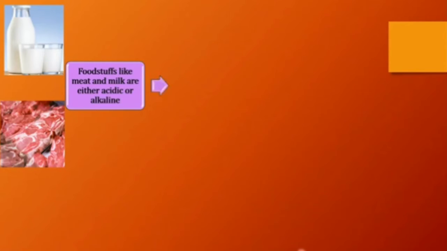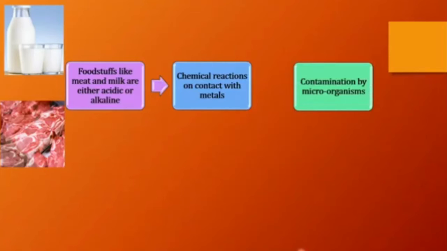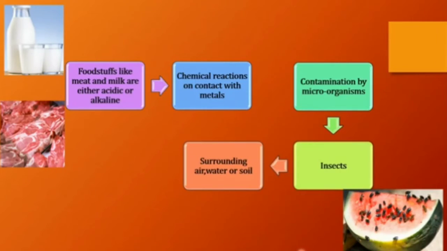They may get spoiled due to chemical reactions on contact with metals. Sometimes foodstuff may be spoiled due to contamination by microorganisms or insects from the surrounding air, water, or soil. Due to these reasons, the food may get spoiled.